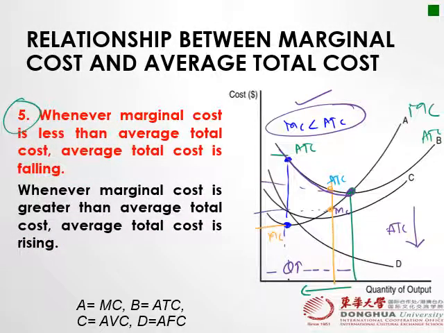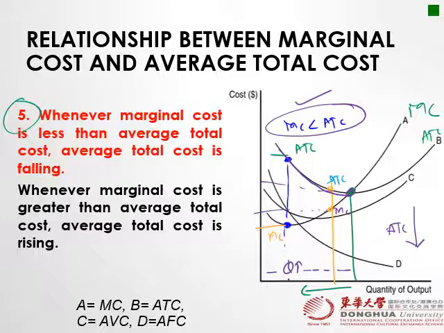The fifth one is that whenever marginal cost is less than average total cost, average total cost is falling, which means we know that marginal cost cuts the average total cost at its minimum. So in this area, any quantity you take, the marginal cost here is less than average total cost, right?